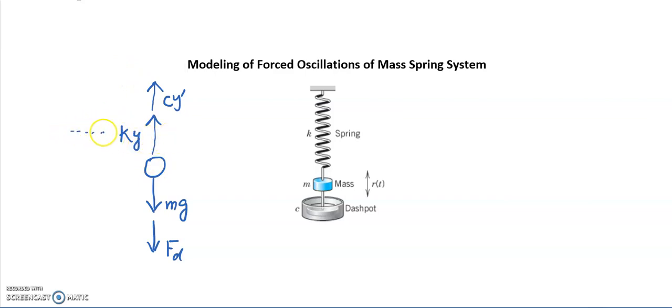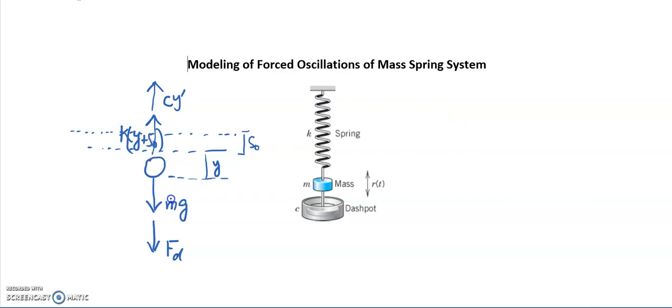For example, if this is the initial position of the spring, and as a result of the weight of the mass, the spring moved by a distance of say s naught, and then the spring was also pushed downward to some other position like y, maybe by the external force. So the total spring force will be given by k times y plus s naught.